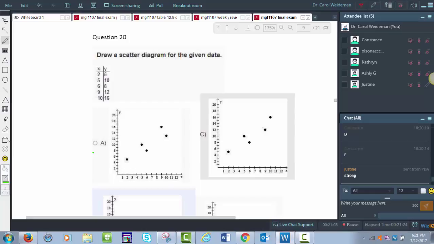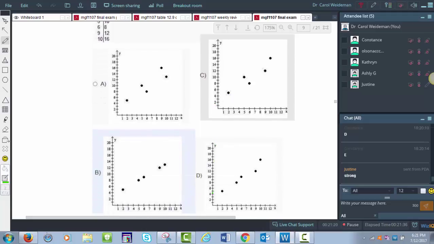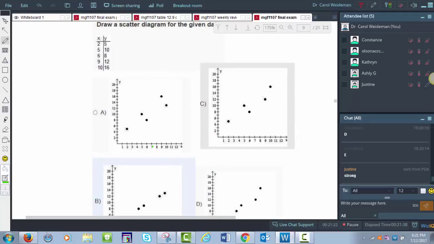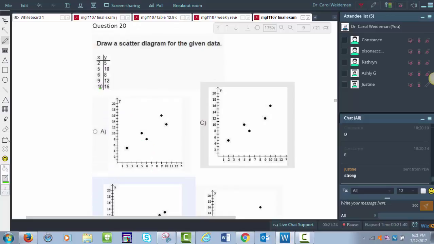All right, so here's my points, and let's take a look and see if we can pick out the right graph. So the first point is 2, 5, and that's on all of them. I always like to go to the highest one then, 10, 16. So this doesn't look like 10, 16 here, does it?